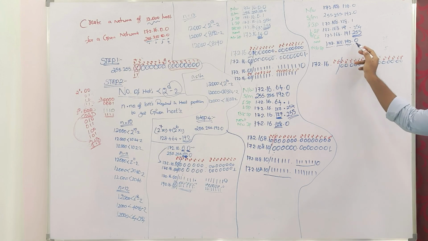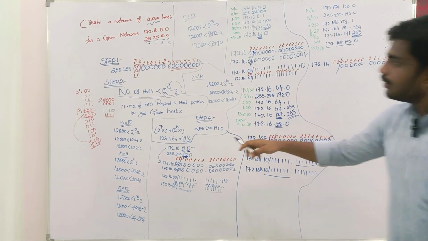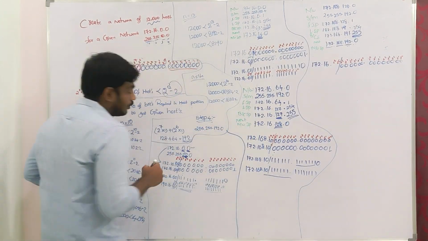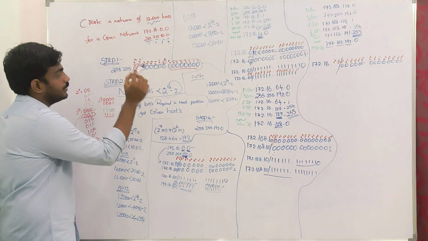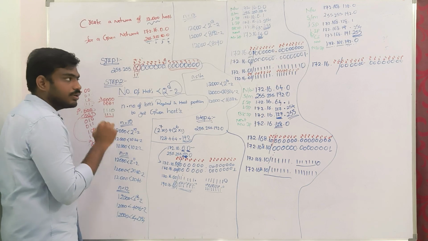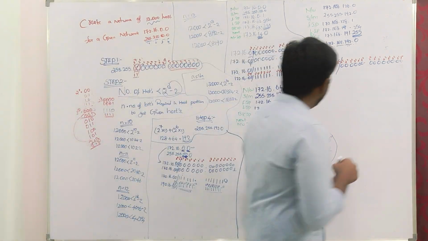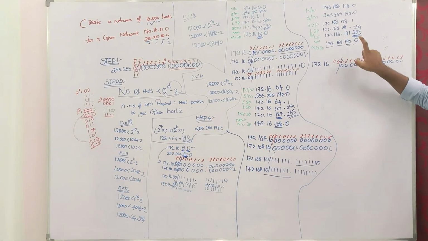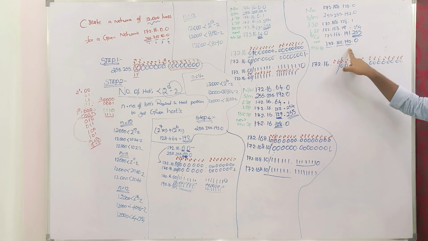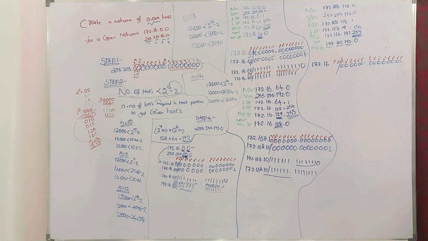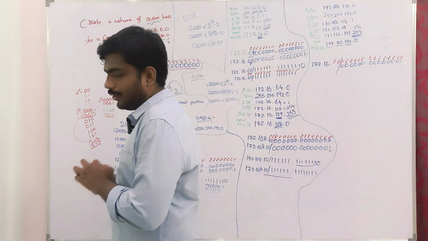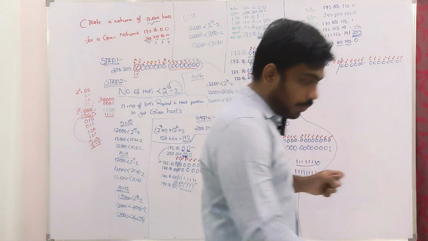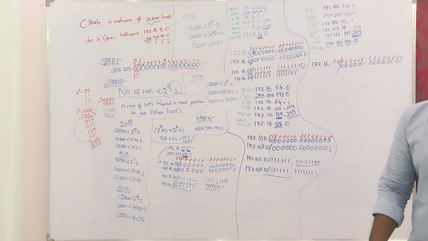In the fourth octet, we don't have a network portion. Only the third octet has a network portion, especially the first 2 bits. So in the third octet you have to check that the value comes only between these 2 bits. Is 2 power 7 equal to 192? No. Is 2 power 6 equal to 192? Still not.